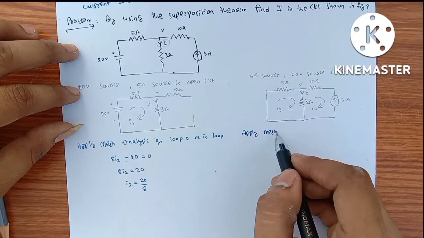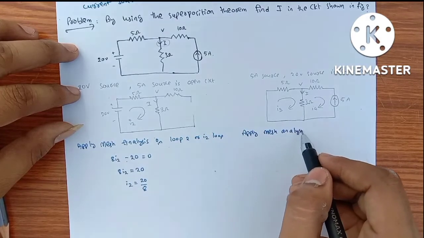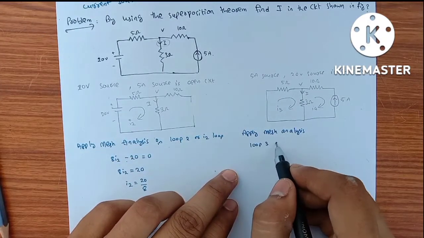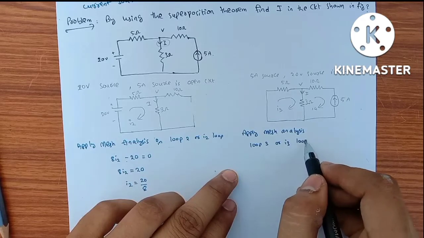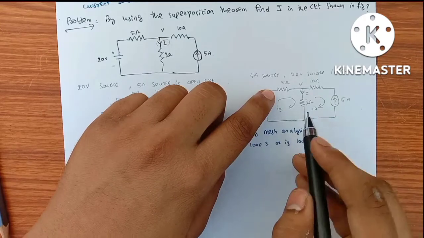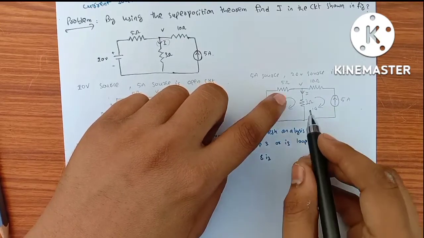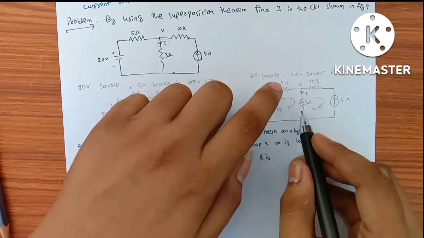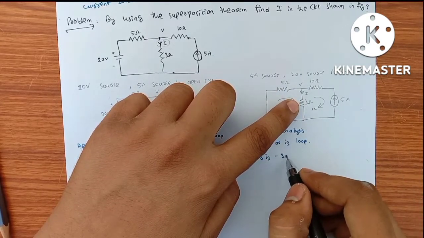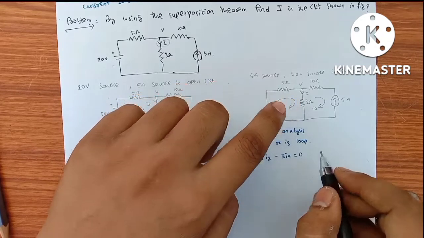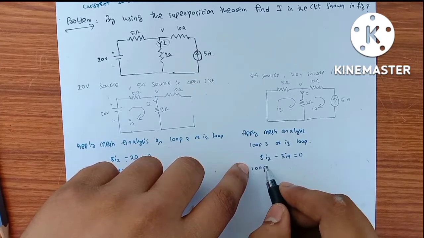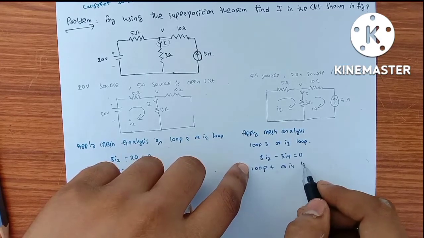Apply mesh analysis in loop 3: we get (5 plus 3) 8 I3, and I4 also affects I3 through the 3 ohm resistor, so minus 3 into I4, which equals 0. Again apply mesh analysis on loop 4.